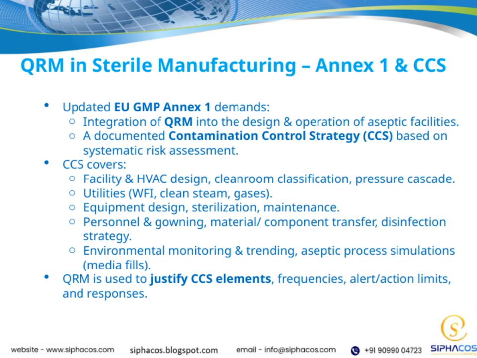These elements help maintain the integrity of the aseptic process. Personnel practices, gowning procedures, and the transfer of materials and components are addressed as well, along with disinfection strategies to reduce contamination risks. Environmental monitoring and trending are key for ongoing assessment, and media fills or aseptic process simulations are essential for validating the aseptic process.